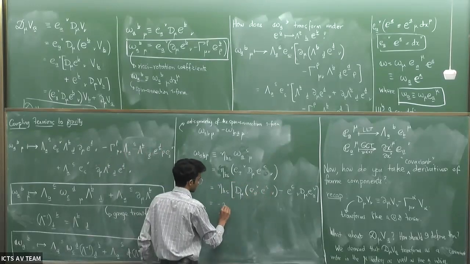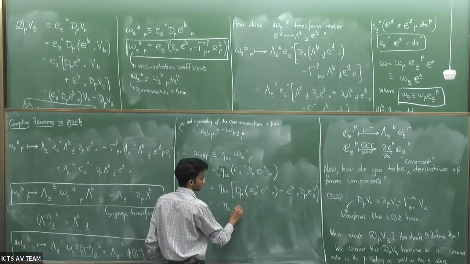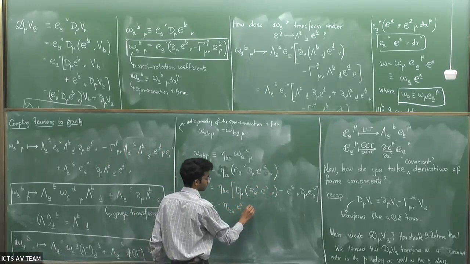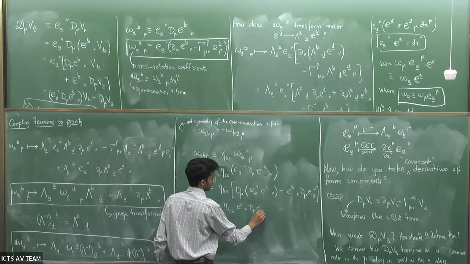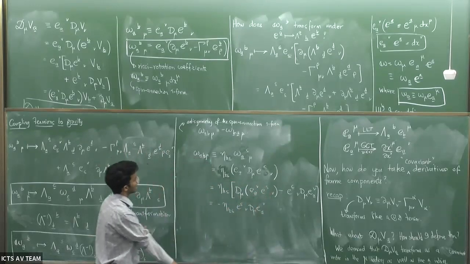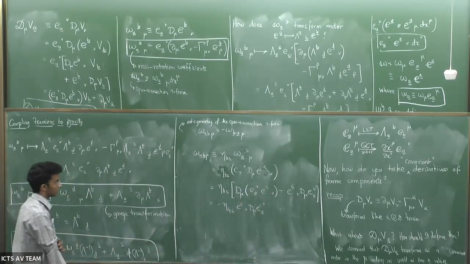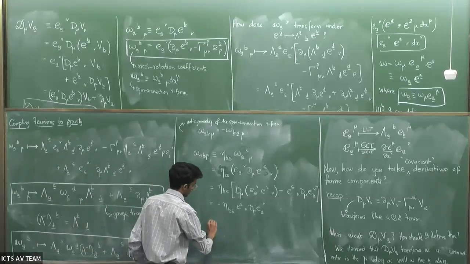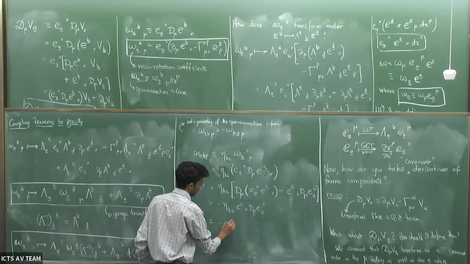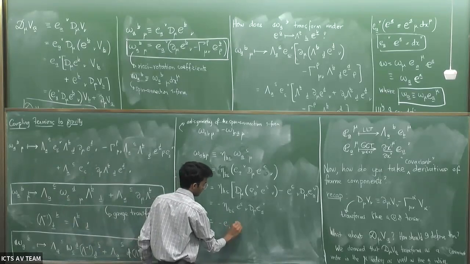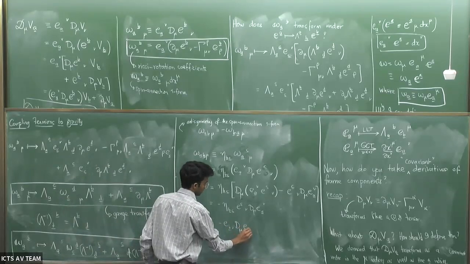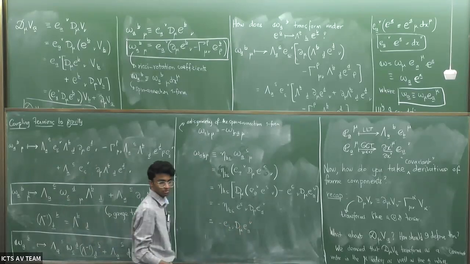So this gives you minus eta BC E C nu d mu E A. And so this is equal to minus E B nu d mu E A nu.